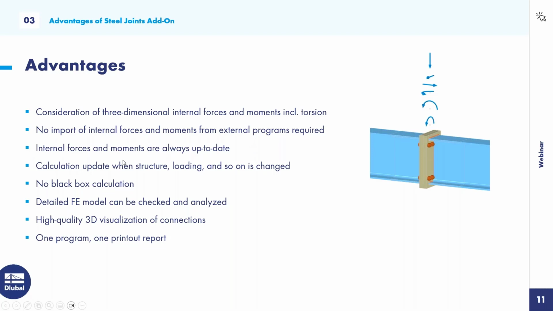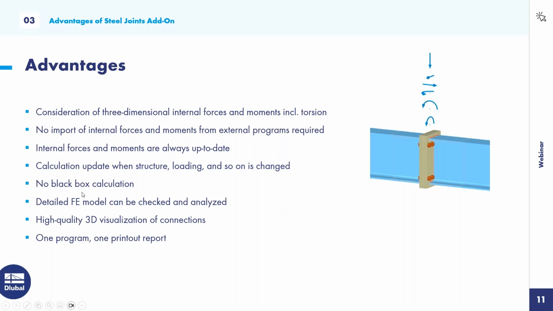And these internal forces and moments and so on are always up to date. When you change the structure or increase or decrease the loading and so on, you only have to run the calculation again, and the steel joints add-on uses the current internal forces.